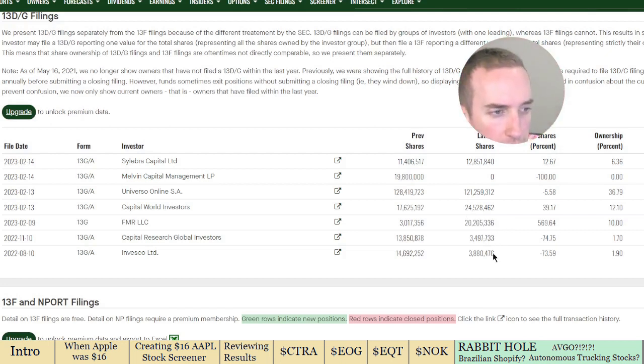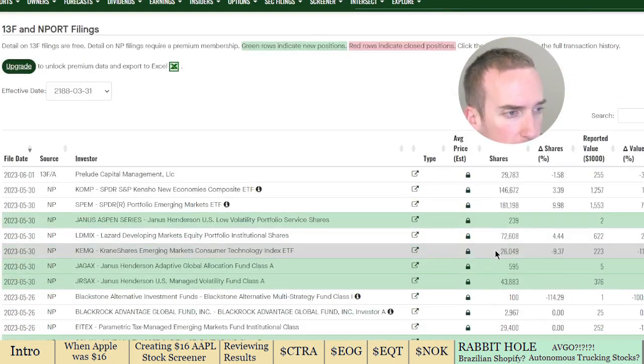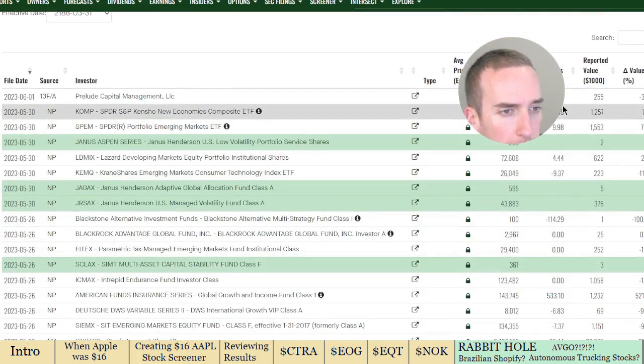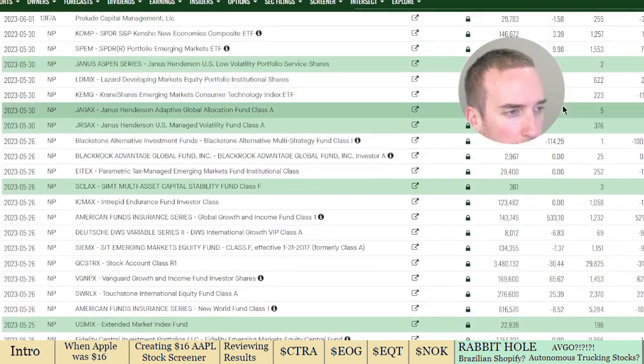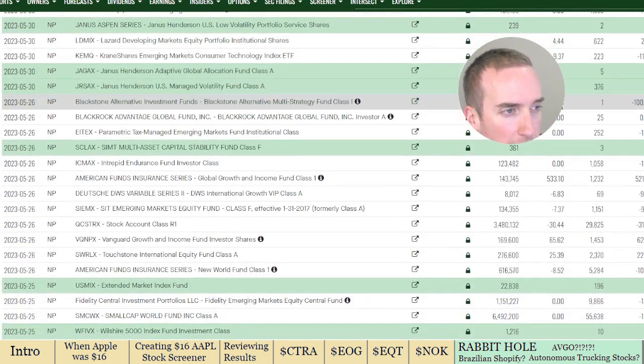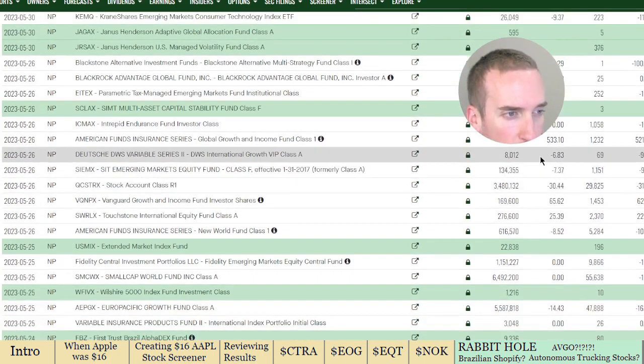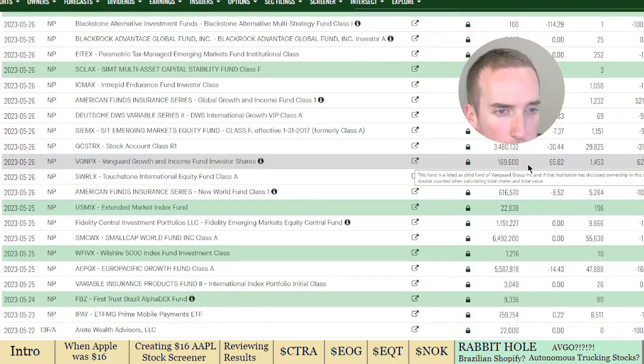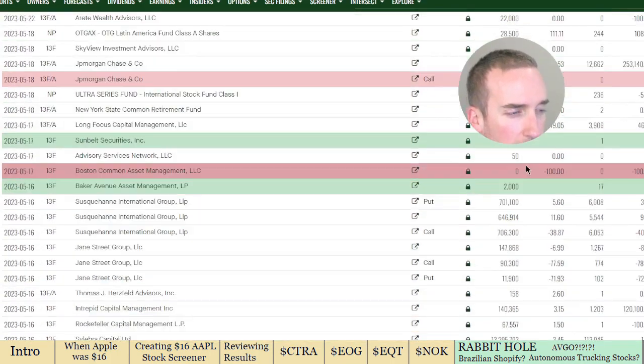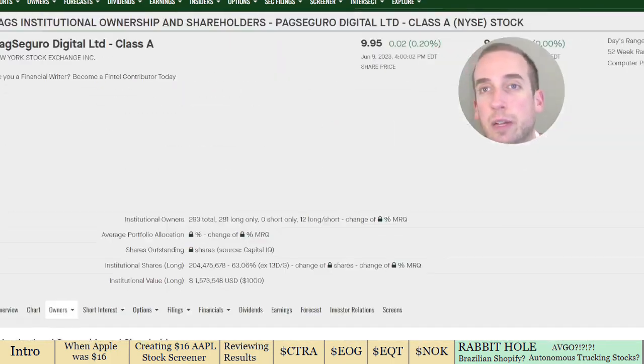Capital Resource sold, and Invesco sold a bit. Who's been buying? Oh my God, I don't know these people. Lazard, Crane, Janus Henderson, Blackstone. Blackstone sold. BlackRock bought. Deutsche. Vanguard bought.